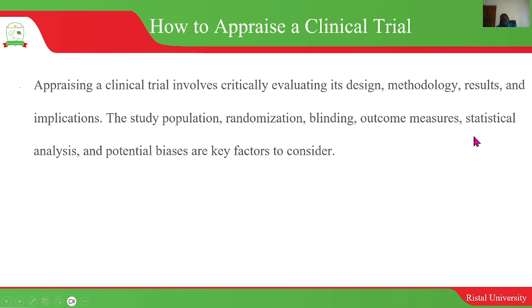And then the outcome measure and statistical analysis. Of course, it involves a lot of statistical analysis to be able to give concrete and reliable results. Of course, the risk of bias is still there, but we have to always be cautious so that our results are as free from bias as we can make them.